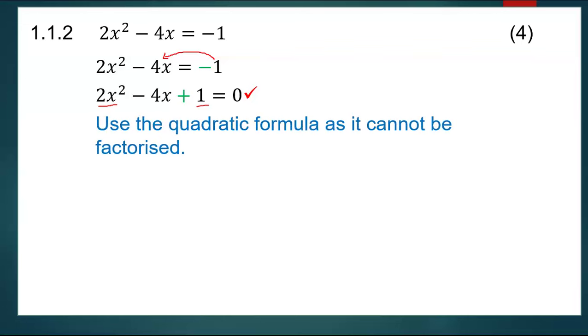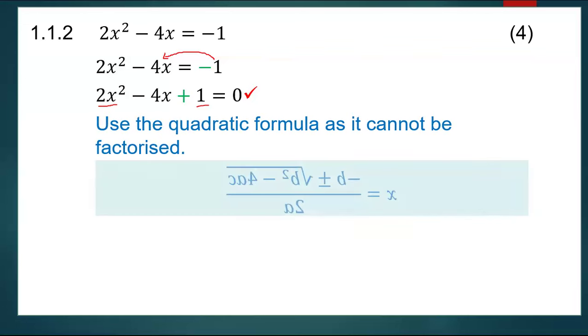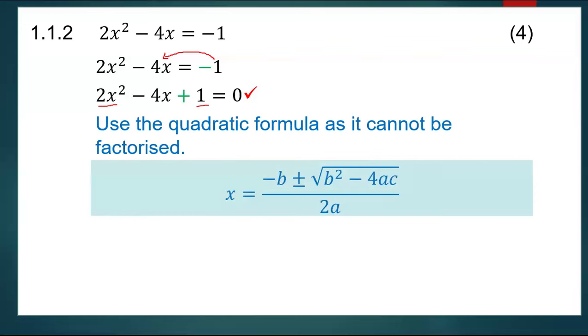And this will be your quadratic formula. It is in the formula sheet. Before you can substitute the values into the quadratic formula, you need to know what is what.